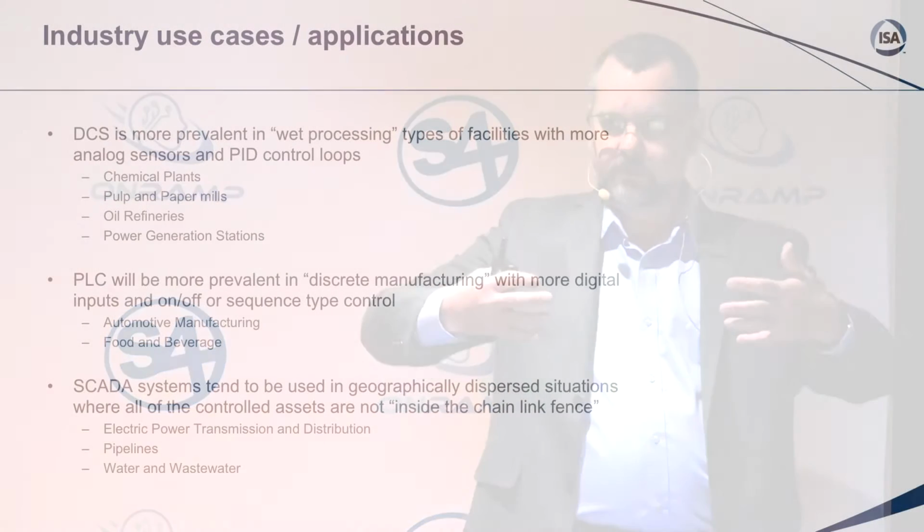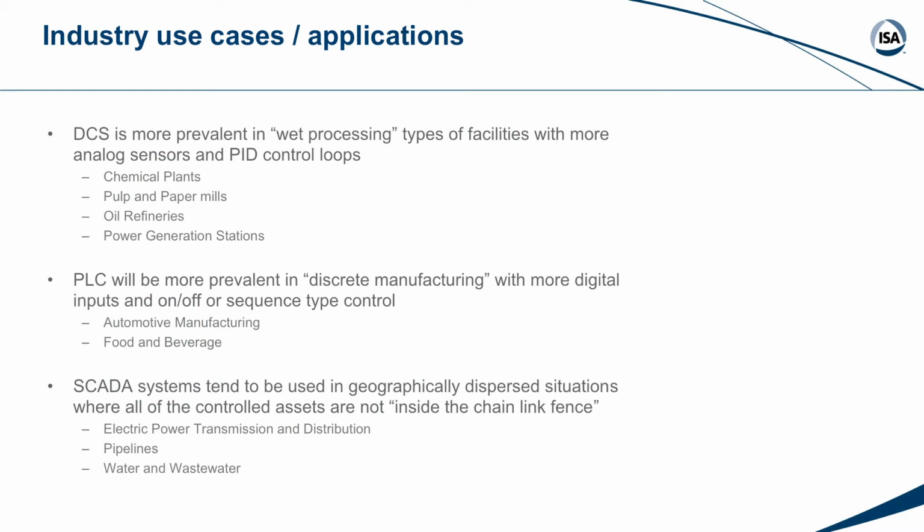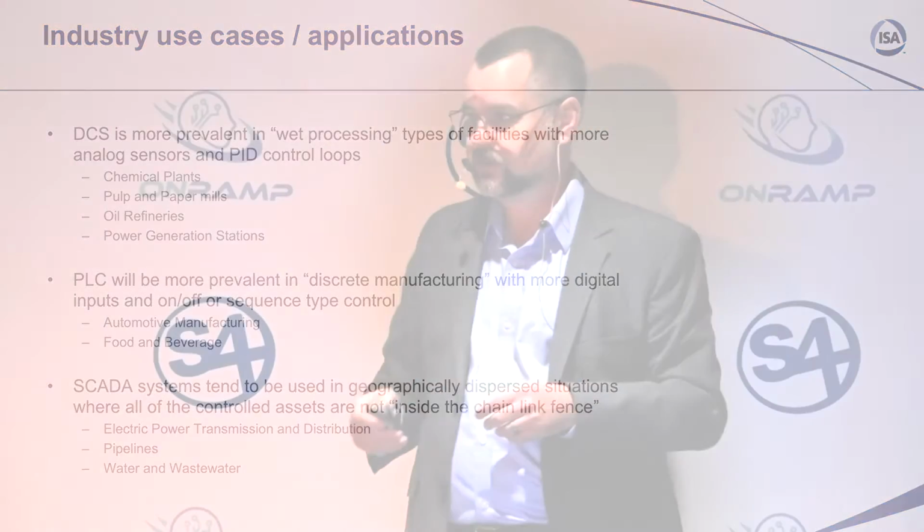Programmable logic controllers are more of a discrete automation type of environment, although the vendors for both are cross-marketing into each other's territory, and these lines get blurry. And then SCADA, again, is that geographical kind of separation. You've got systems that are many, many miles apart, coordinating or communicating what they're doing over, quite often, public communication networks, right?